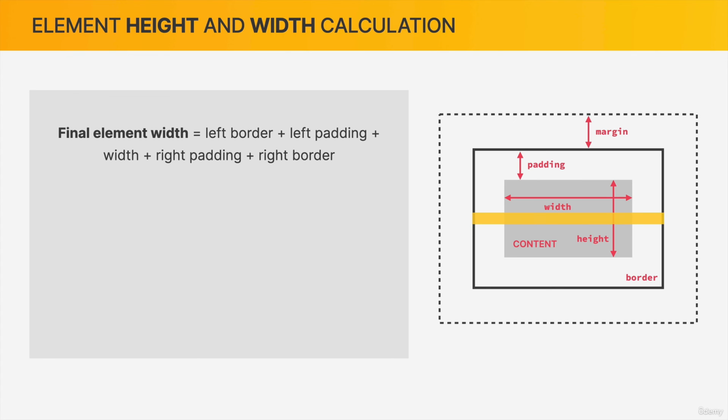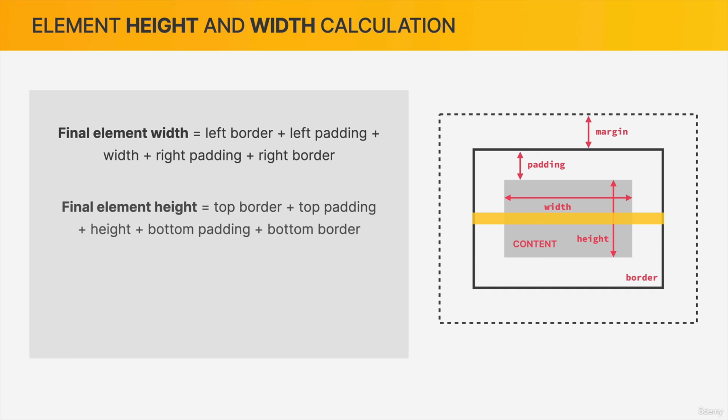And the same logic, of course, applies to the height of an element. So it's the top border plus the top padding plus the specified or implied height plus the bottom padding and finally the bottom border.